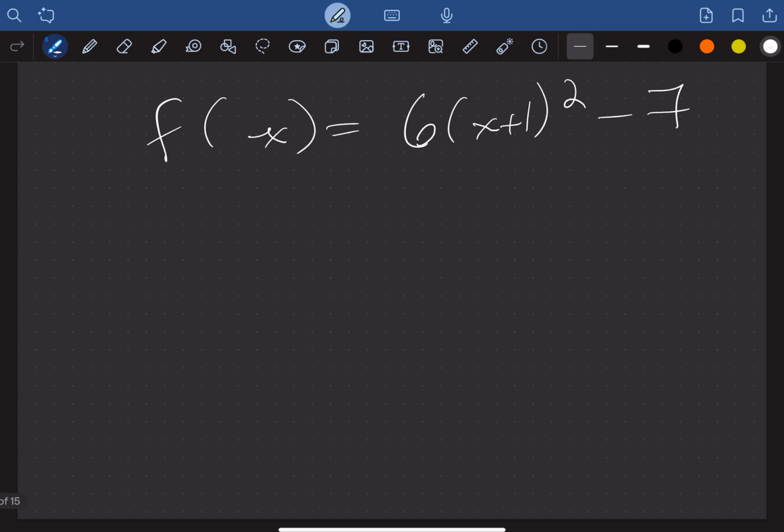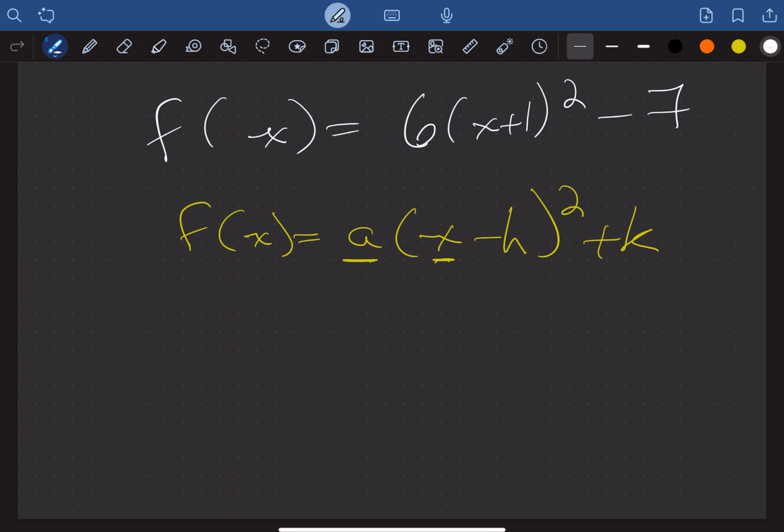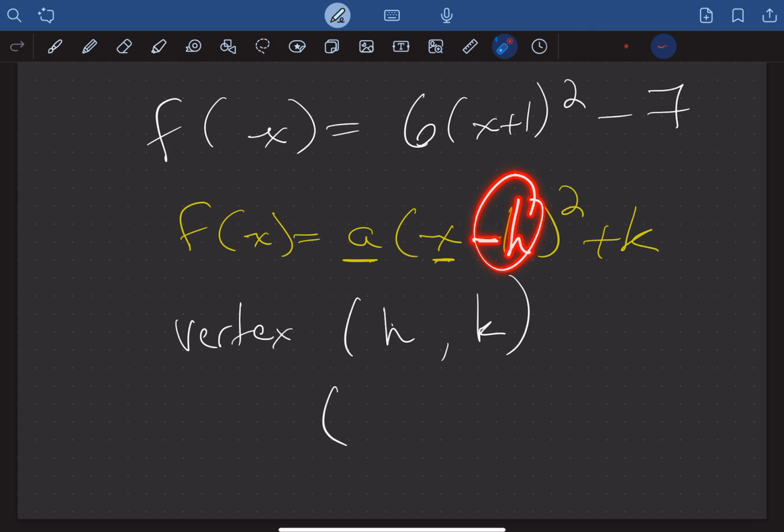So according to the vertex form, we have f of x equals a times x minus h, the quantity squared, plus k, in which the vertex is going to be h and k. So minus h, right? And up here we have plus 1. So the normal form would be minus. So if this was minus, then this would be a plus 1 here.